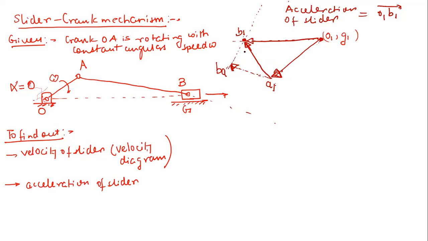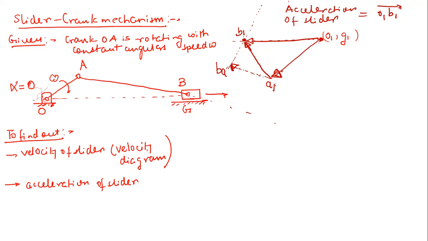One can think that since it is going to move forward, the acceleration should be in the forward direction, but this is not true. The direction of that acceleration is in this direction. You know the concept of acceleration and retardation, so do not get confused.